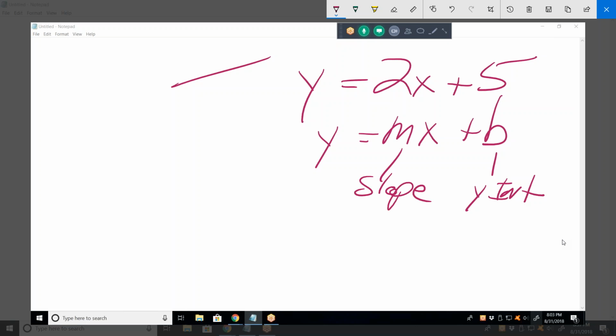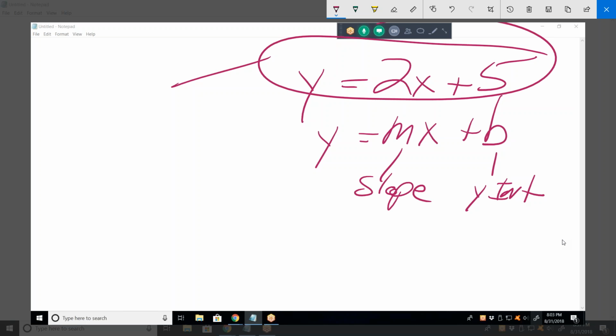We know it's a straight line because it's a linear equation. All linear equations are straight lines. It's only when you get to quadratic equations, where you have an x squared, that it becomes a parabola, or any kind of curved line. If you had x to the fifth, might be a really curved line. But anytime you have x to the 1 power, and it's equal to y, and it's in this format, that's a straight line, and you know how to plot it real easy.